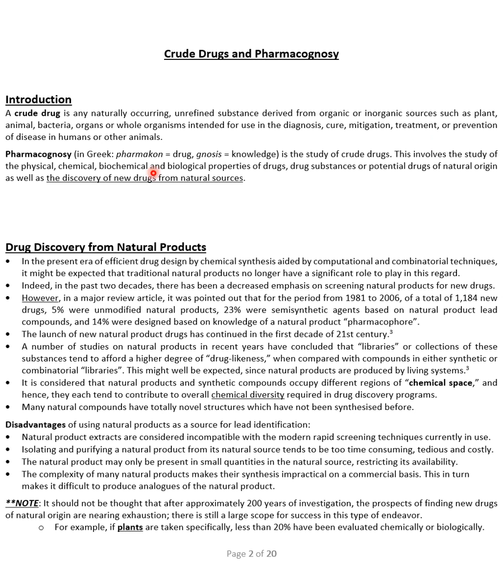And then pharmacognosy is basically the knowledge of the drug, basically the study of these crude drugs, which involve the study of the physical, chemical, biochemical, and biological properties of the drug, the drug substances or potential drugs that are from natural origin, as well as the discovery of new drugs from natural sources.